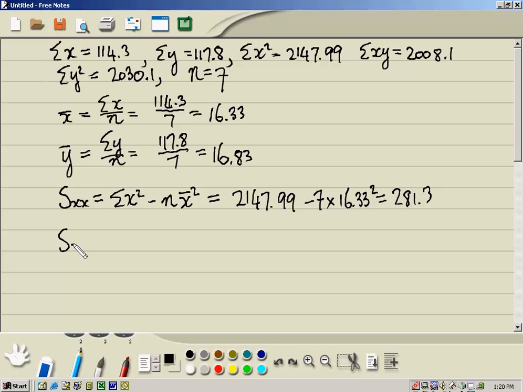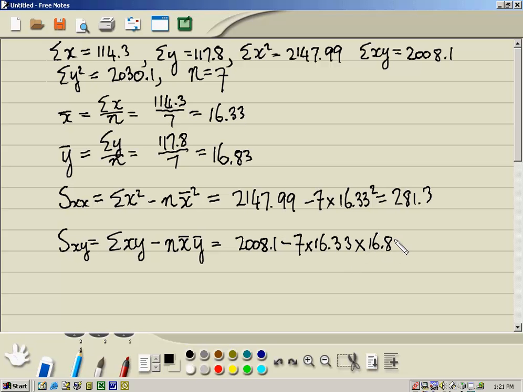Next we can get the sum of squares of xy, Sxy, which is sigma xy minus n times x bar y bar. Sigma xy is 2008.1 minus n of 7 times x bar 16.33 times the y bar of 16.83, and the answer to that is 84.26.